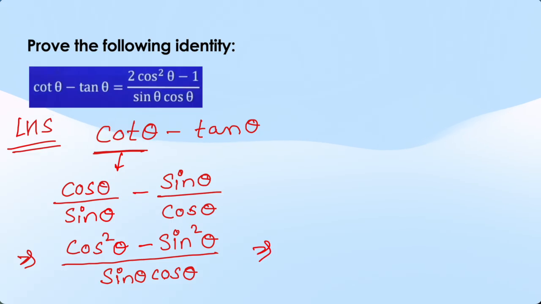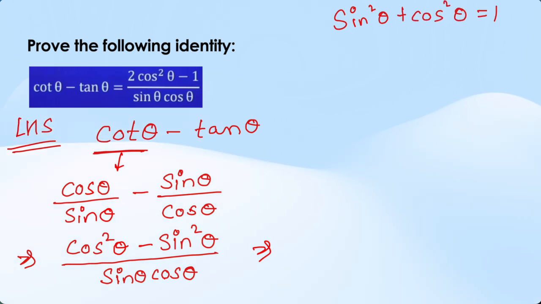Okay, but see, in the right hand side, base is same, no doubt, but I don't want sine here, right? So I know the relation between sine and cos, right? What's that? That sine square theta plus cos square theta equals 1. Whenever we see sine square or cos square, we can use this identity.